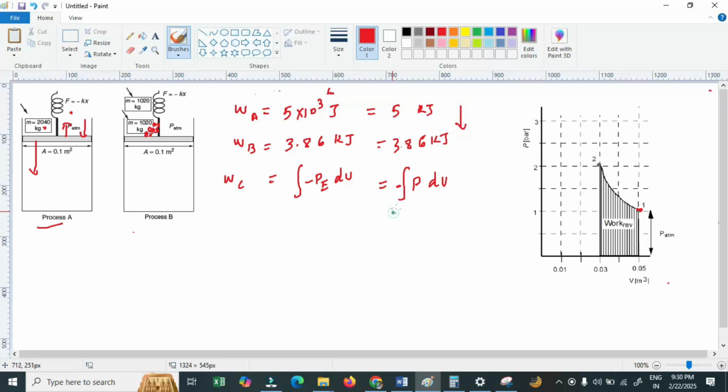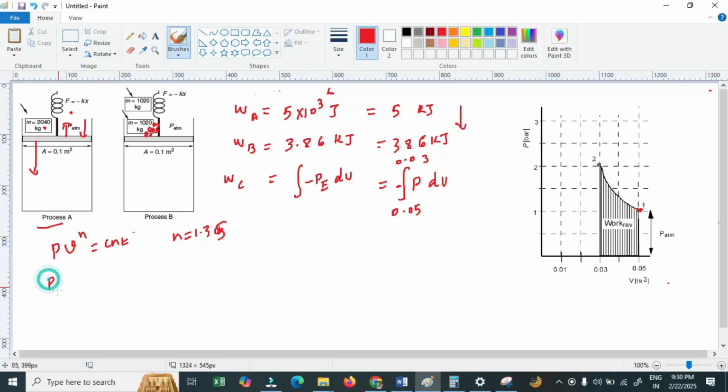So V1 is 0.05, V2 is 0.03. And in part B, what we did is P V power n equal to constant, with n equal to 1.35. So I can replace this P in terms of V, and therefore I can integrate.